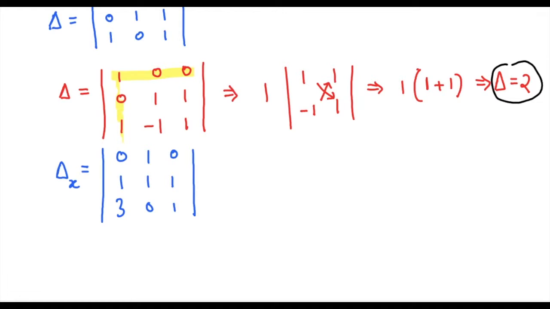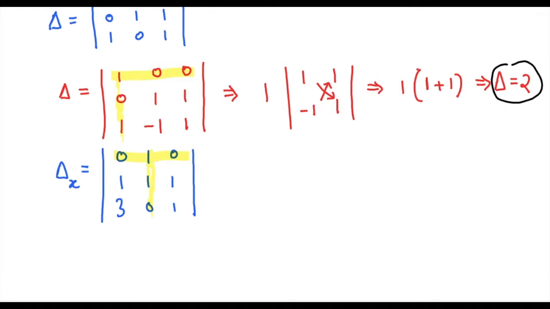Now here we have this magical row in which there are two zeros, so we expand with respect to the first row.